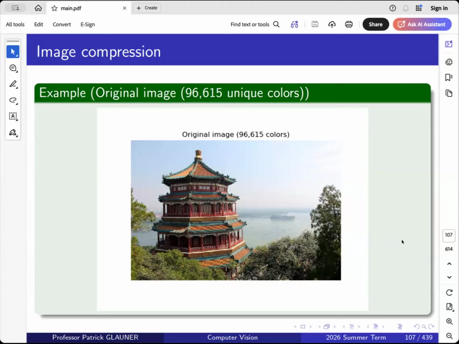The difference getting from my pixel color to the nearest unique one that I still retain, that error should go low. And so I somehow need to find out which are these 1,000 unique colors that make most sense so that the mapping from each pixel to the closest unique one has a low error. Maybe confirm if you got that proposal.